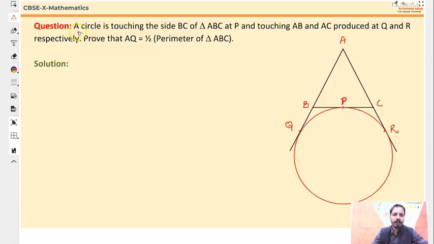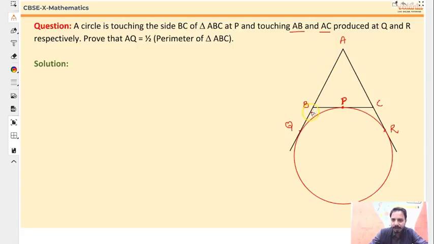It says a circle is touching the side BC of a triangle ABC at point P. So that means this is a triangle A, B and C, and this side BC is touching the circle at this point P, and touching AB and AC produced, and the other two sides of this triangle ABC I have to produce.